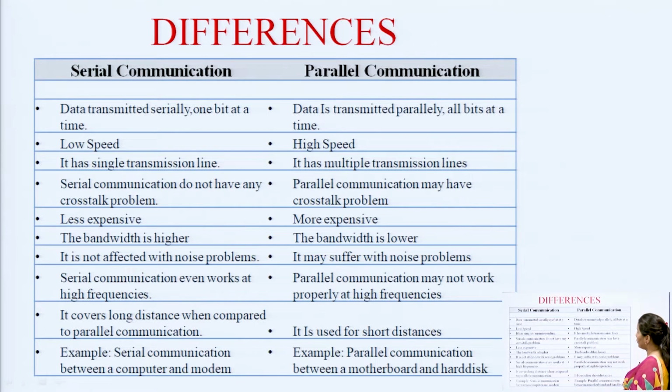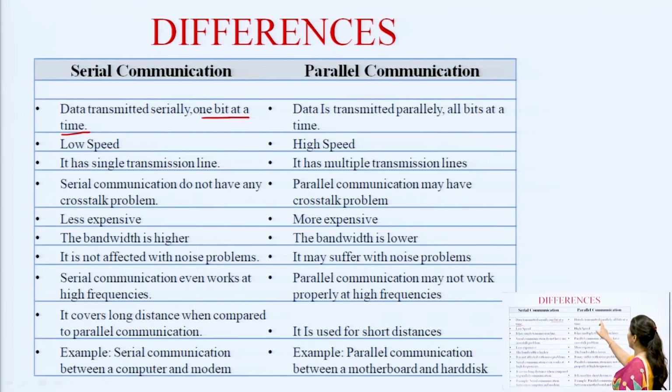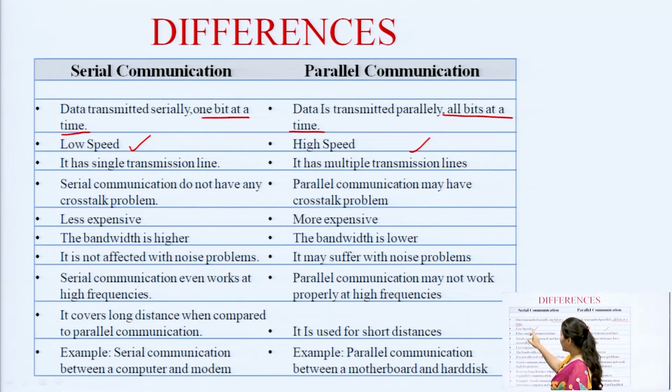Now, what are the detailed differences between the two? We have already understood that one bit at a time is transferred in serial communication and all the bits are transferred at the same time in parallel transmission. The speed is low in serial communication and high in parallel communication. Why?